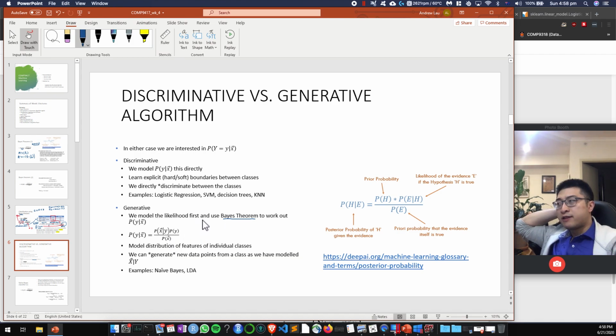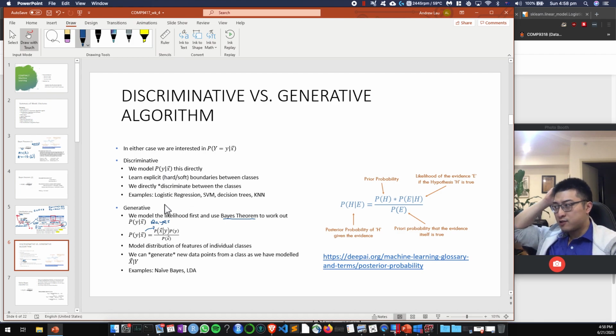So one way to think about it is it's a discriminative algorithm in general, unless you have to use Bayes' theorem to do some fancy stuff and swap things around. So you can see here, going from here to here, that's using Bayes' theorem, right? So with the discriminative algorithm, you go head on, and you just model the probability of your target given your features.